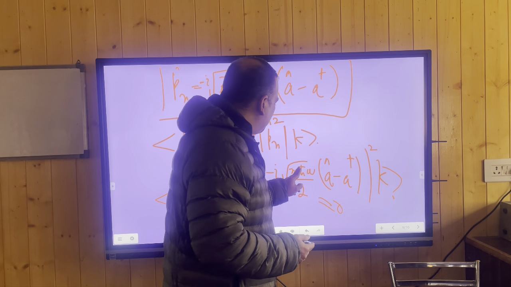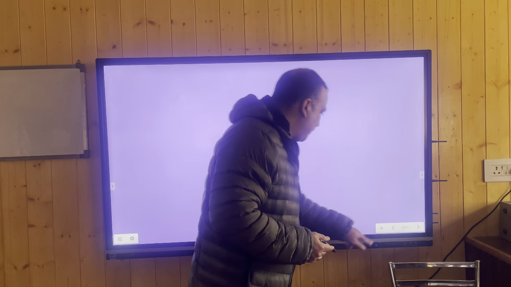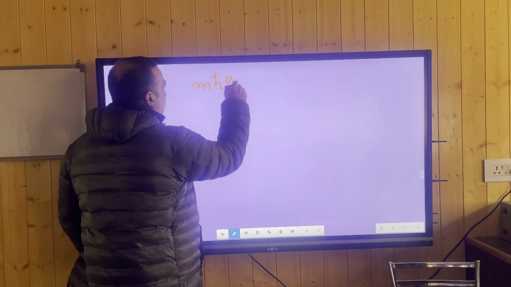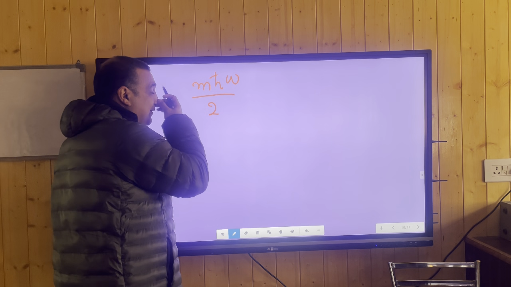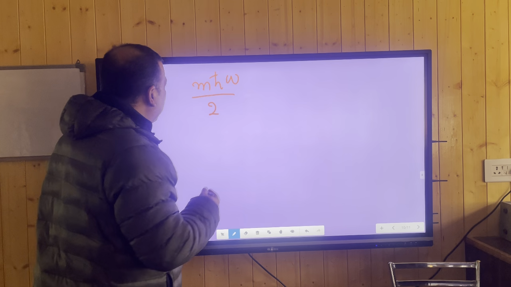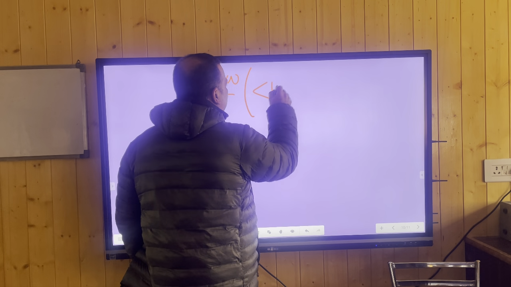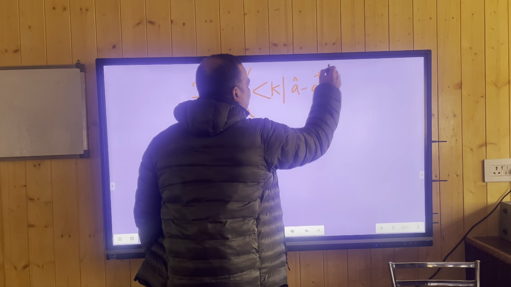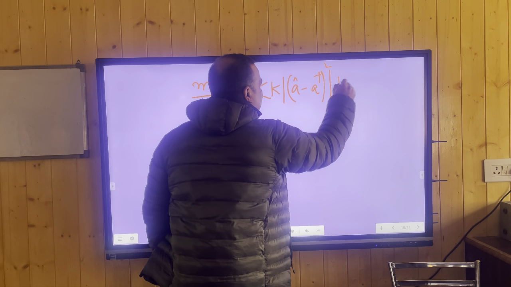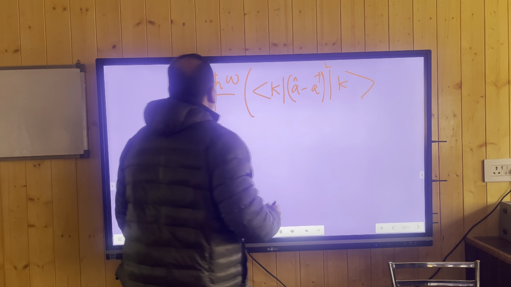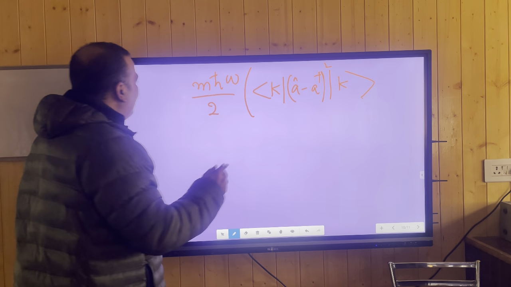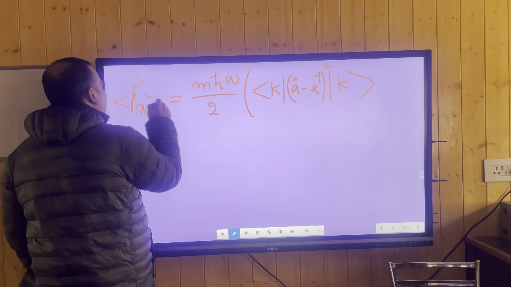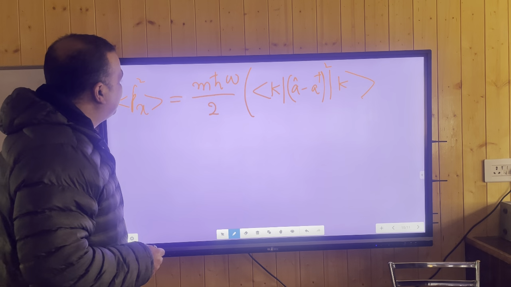You will have m h bar omega by 2 outside, and inside you will have k, then a cap minus a dagger whole square, and k. We are calculating the expectation value of the square of momentum. This is what we are trying to calculate here.